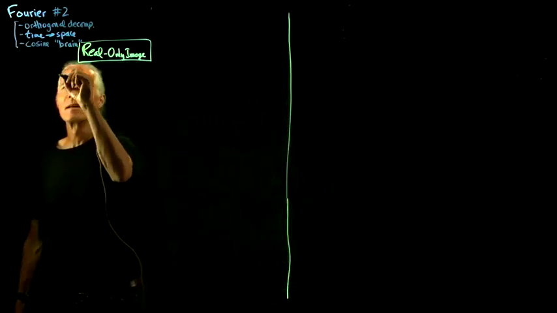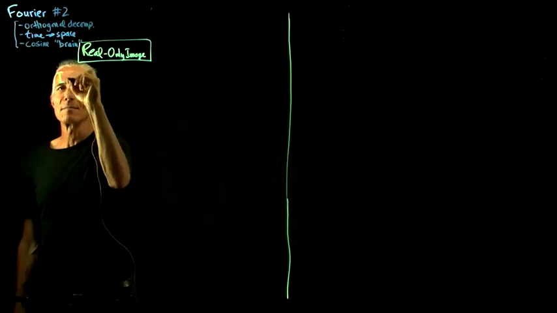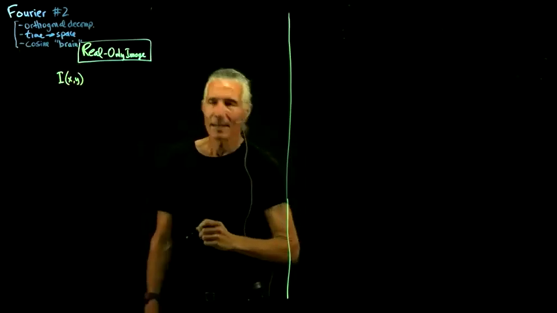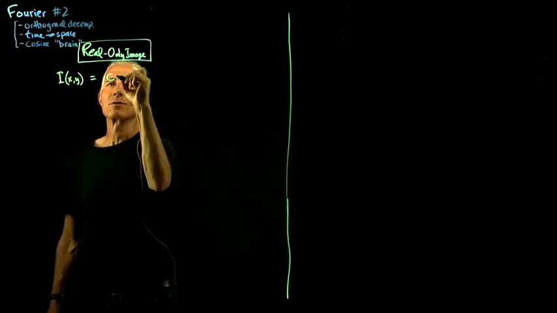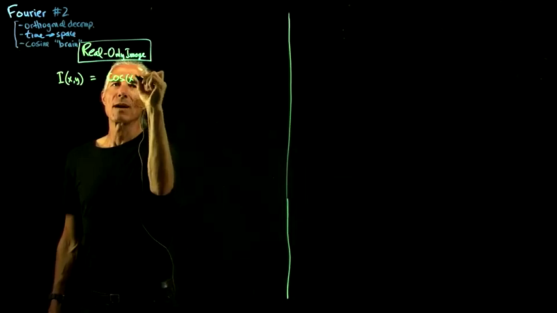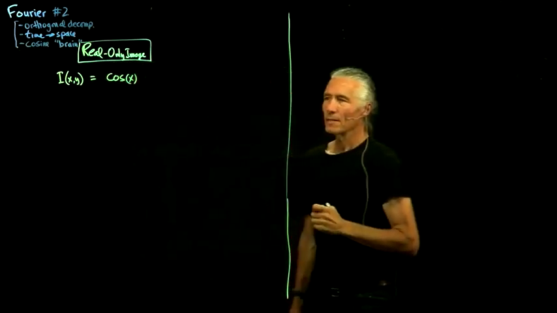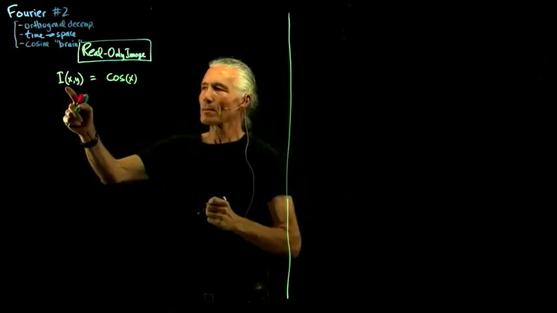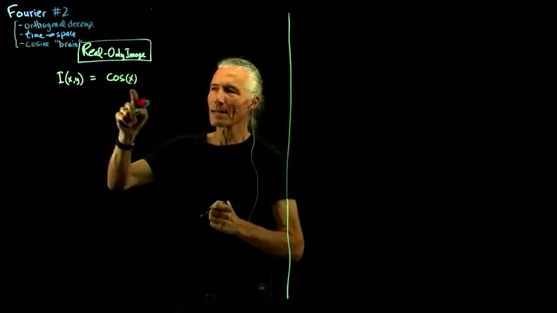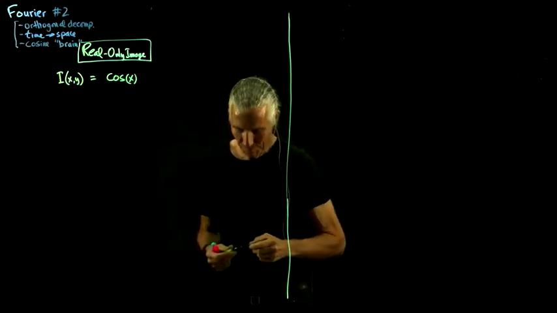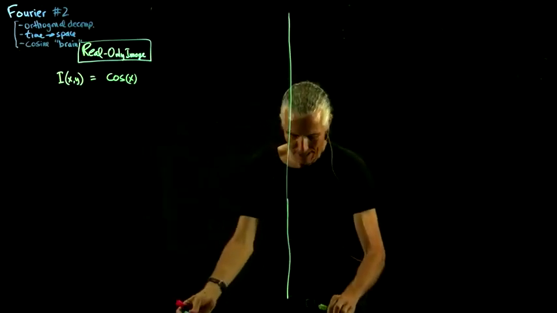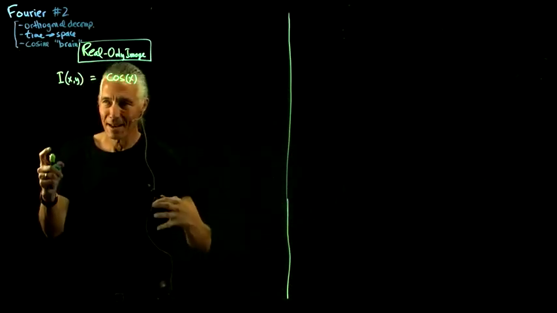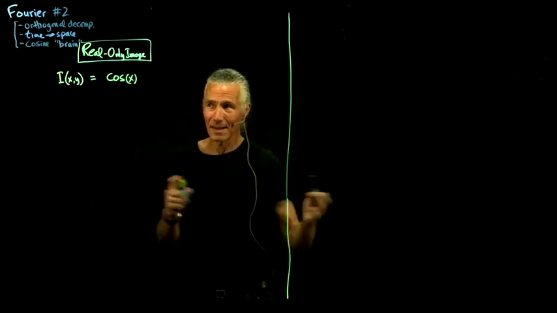And so what is our image equation? Our image brightness at point x, y is just equal to the cosine of x. So notice y isn't in there. And that means it doesn't matter what y is, the image brightness is always the same. And if you go in the x direction, the image brightness changes. And so what do those ten representations that I had last time look like?